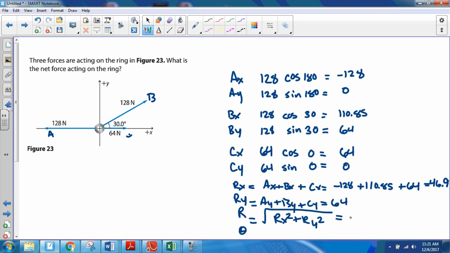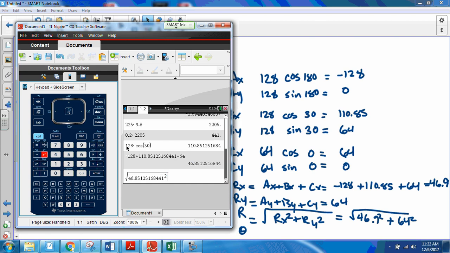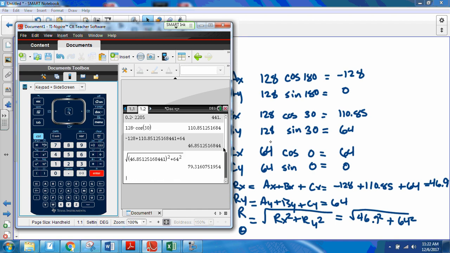So that's the square root of that 46 point something answer in your calculator, plus 64 squared. So we go to the calculator again: square root, squared, plus 64 squared. 79.3, is that what y'all got? What did y'all get?